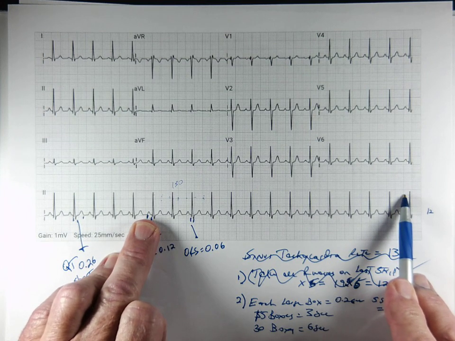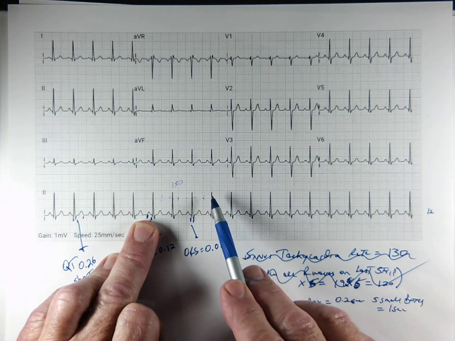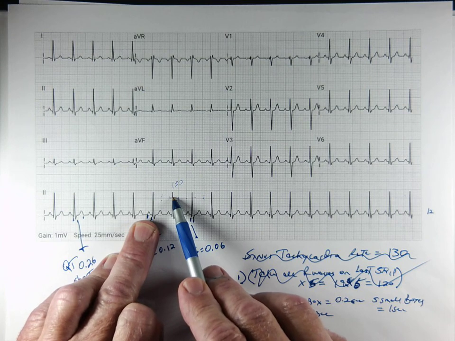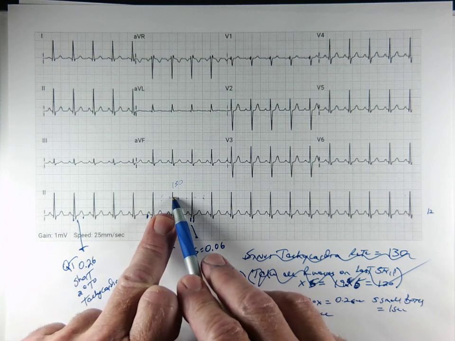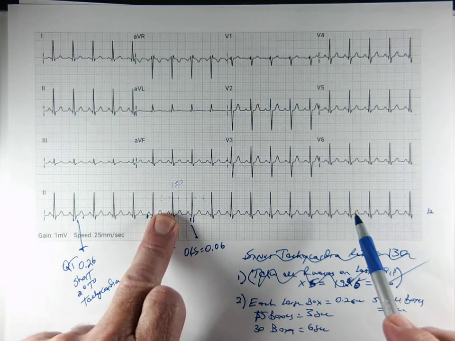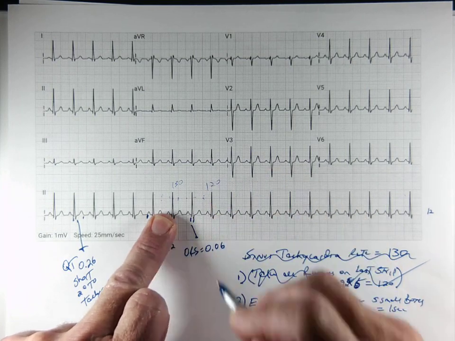And in between I had 1, 2, 3, 4, 5, 6, 7, 8, 9, 10, 11, 12 beats in that period of 6 seconds. Times that by 10, I get a rate of 120.